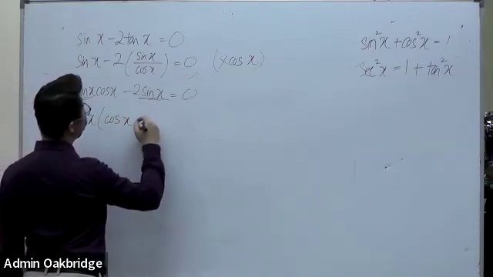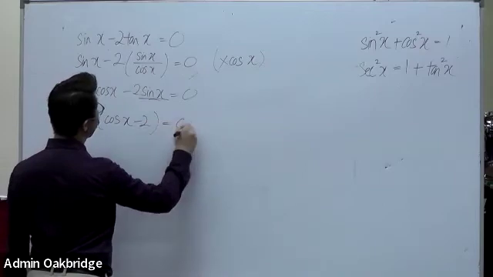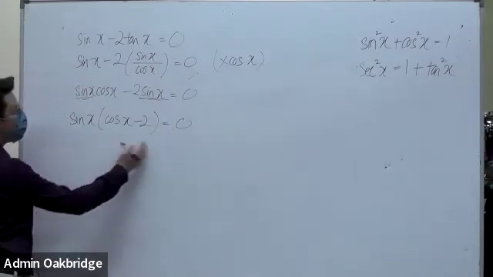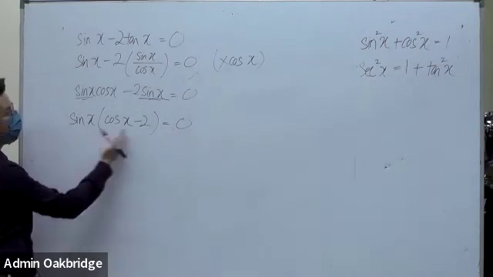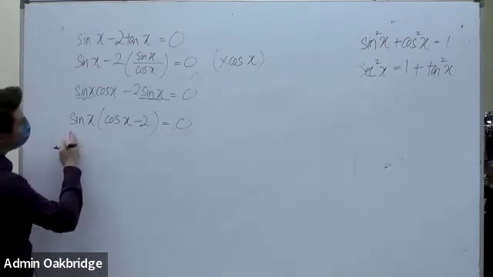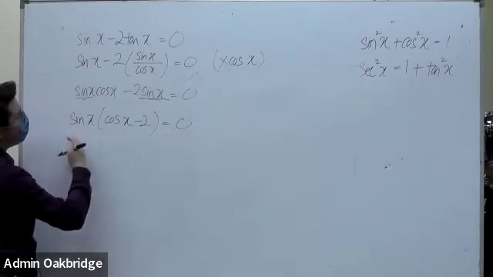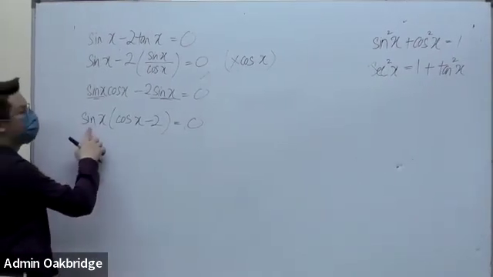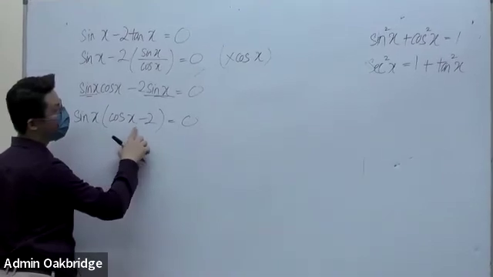Then we have cos x minus 2 inside the bracket. Okay, so now, how do you solve this equation? There are two factors here. How do we make this left-hand side become 0? Either one of these factors must be equal to 0. Either sine x equals 0 or cos x minus 2 equals 0.